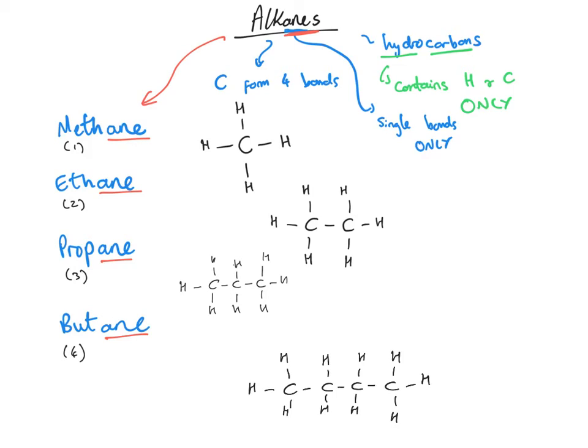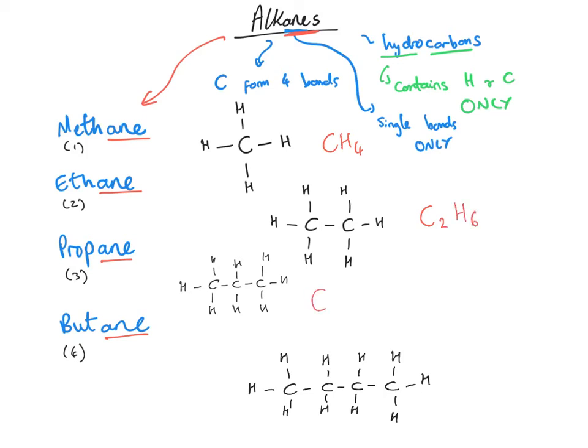Final thing we can do is we can say the formula for each of these. So the formula for methane, well, it's got 1 carbon and 4 hydrogens, so it's CH4. Formula for ethane, well, it's got 2 carbons and 6 hydrogens.